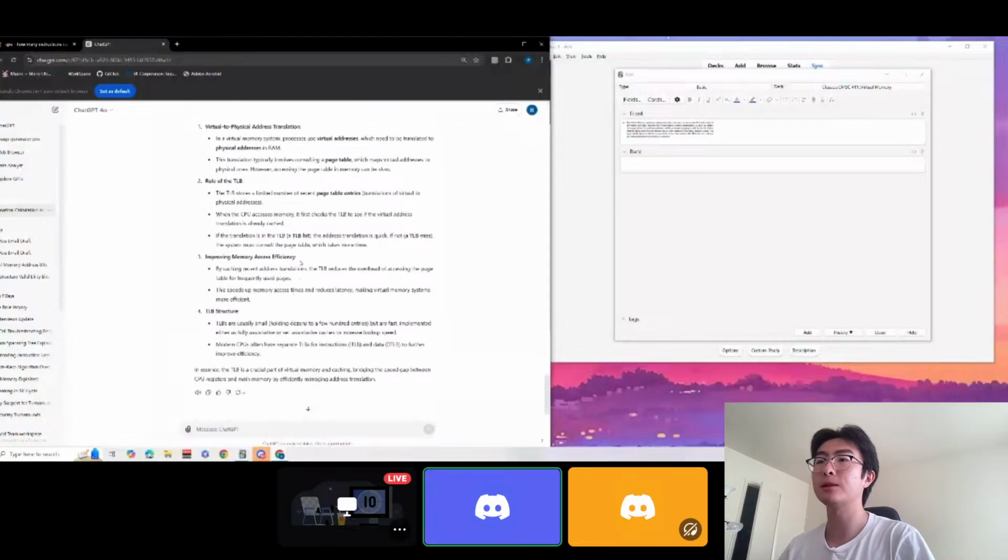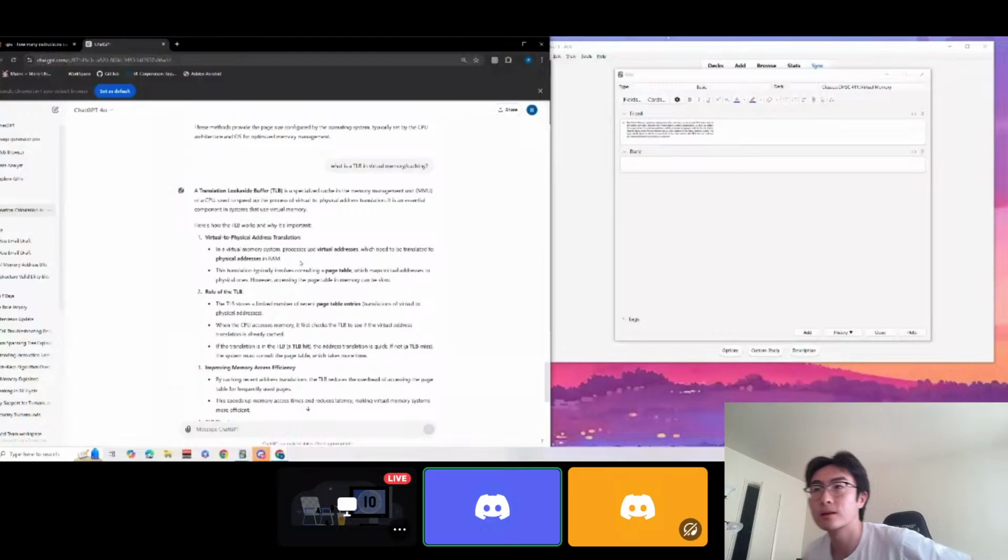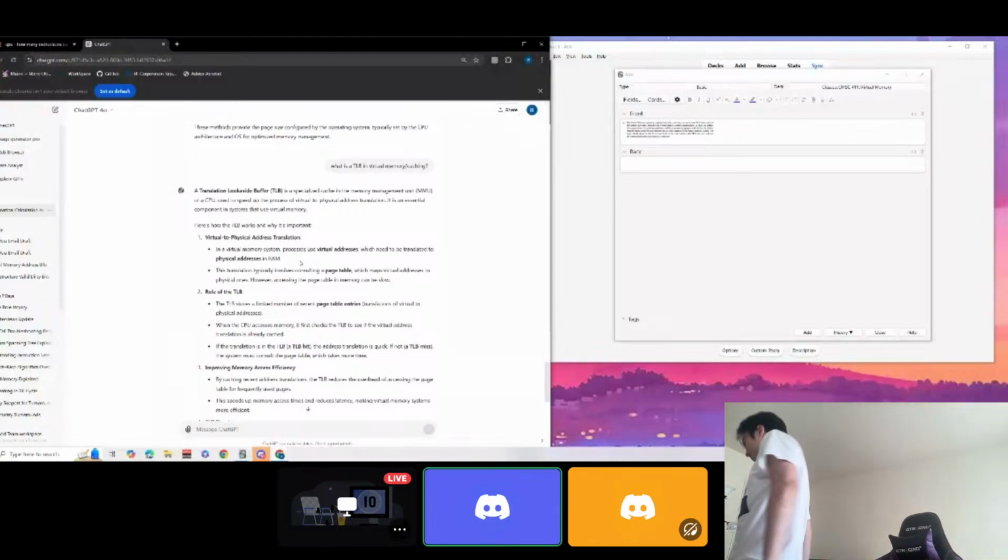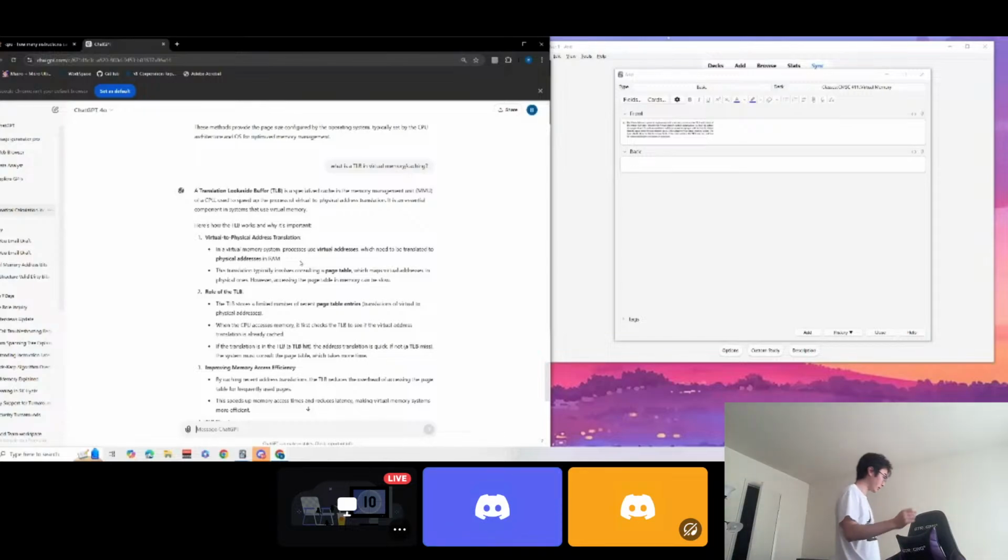So a TLB is just like a cache, then, it seems, but for virtual addresses. So TLBs are caches, but for virtual addresses. That's good to know.